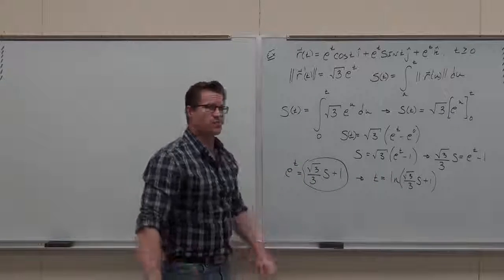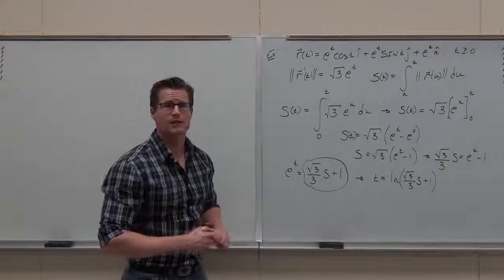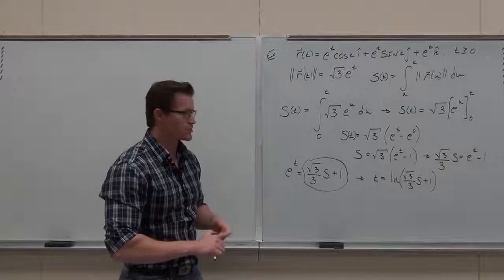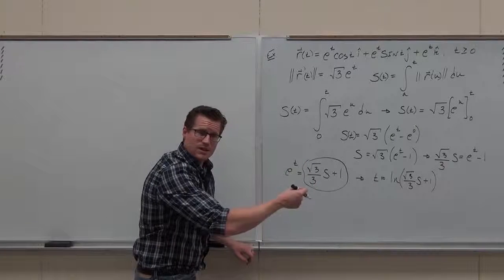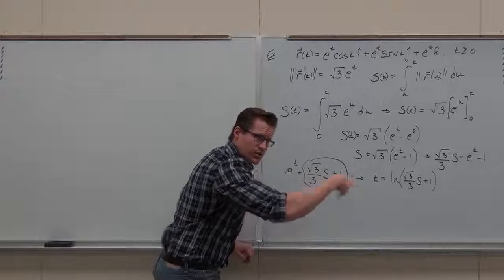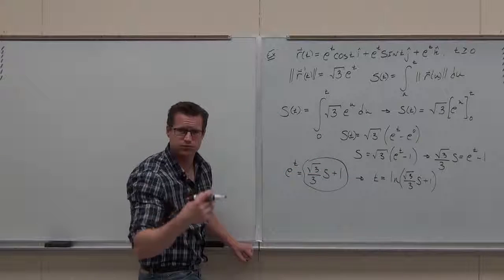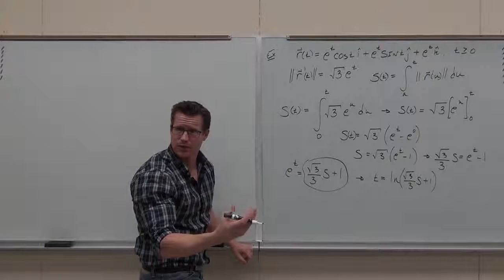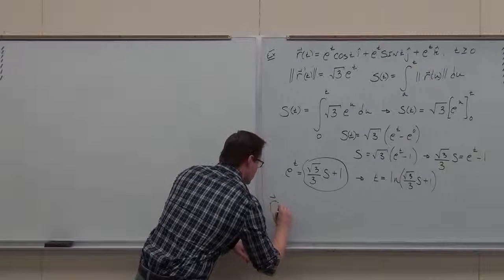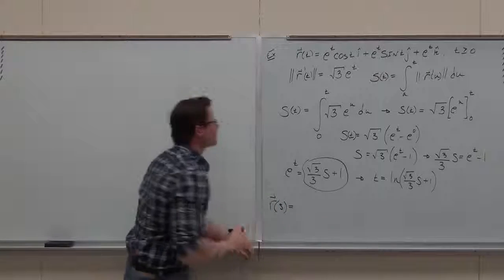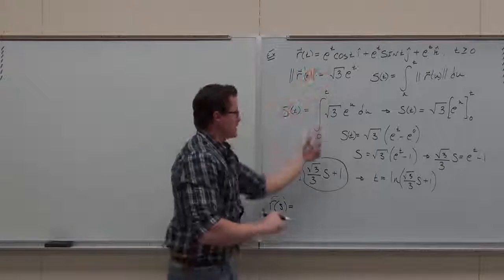This is going to look just completely nasty, but I'm going to write this out for you. I'm going to show you what the reparameterization is going to look like. So our new vector function, instead of being in terms of t, which is the original parameter, is in terms of s. It'll be arc length now. Arc length reparameterization. E to the t, use this guy.